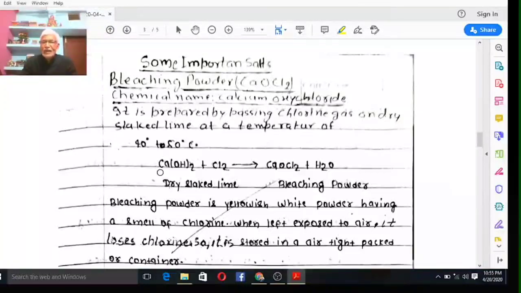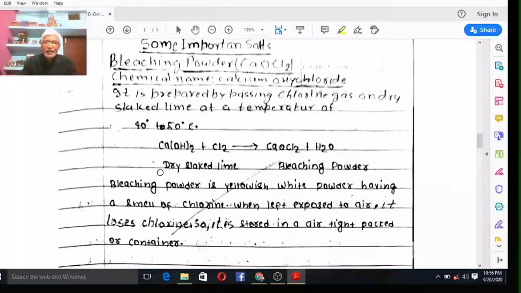It is prepared by passing chlorine gas on dry slaked lime at a temperature of 40 to 50 degrees Celsius. The reaction is: Ca(OH)2 plus Cl2 gives CaOCl2 plus H2O, where Ca(OH)2 is dry slaked lime.